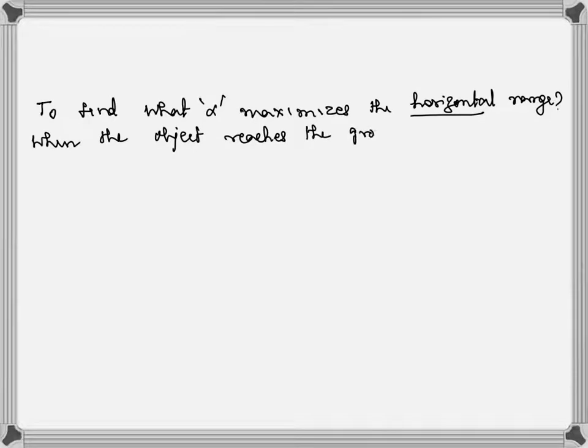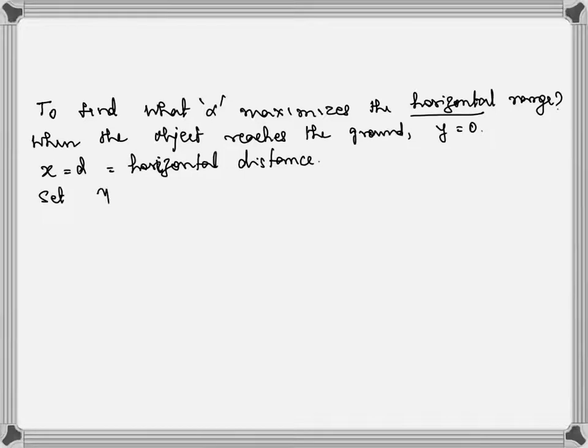When the object reaches the ground, y equals 0 and x equals d, which is the horizontal range or the horizontal distance. So set y equal to 0 in r of t that we found earlier. We get V0 sine alpha t minus half of g t squared equal to 0.